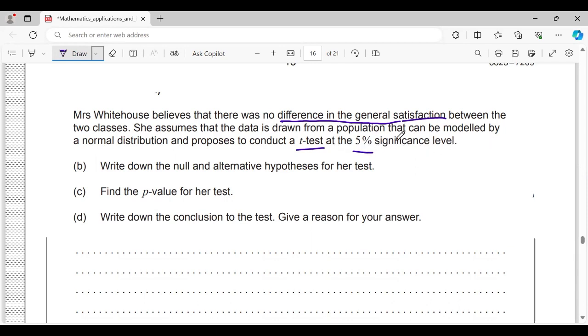It means for the next calculations, we're going to use the t-test, even if you calculate with a calculator. B, write down the null and alternative hypothesis for the test.